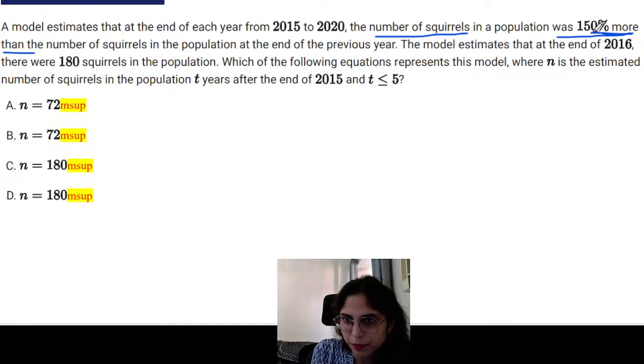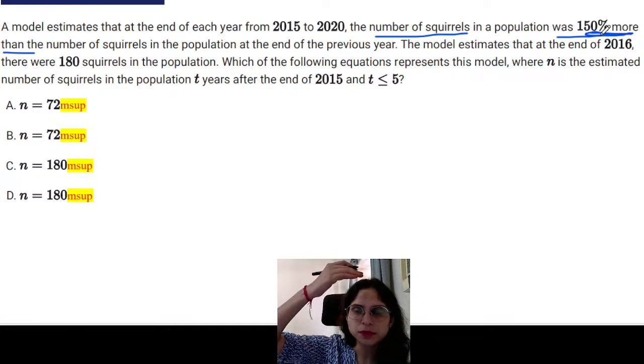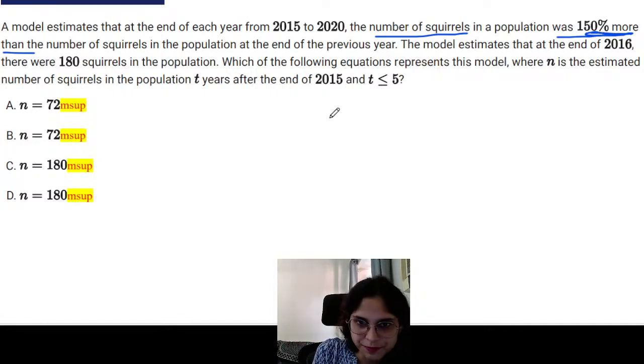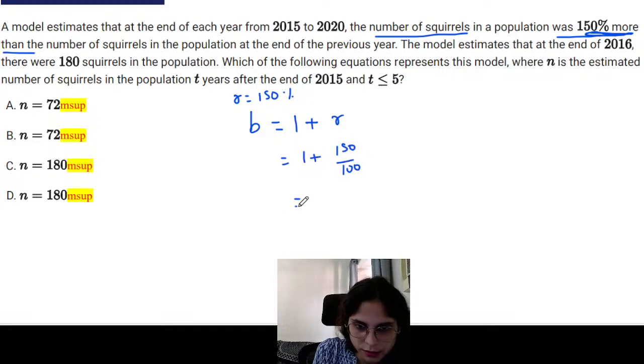So there is 150% more, that is, there is an increase of 150%. That means this is going to be exponential. So your R value is 150%. So b is going to be 1 plus R, that is 1 plus 150 over 100. You will get 2.5.